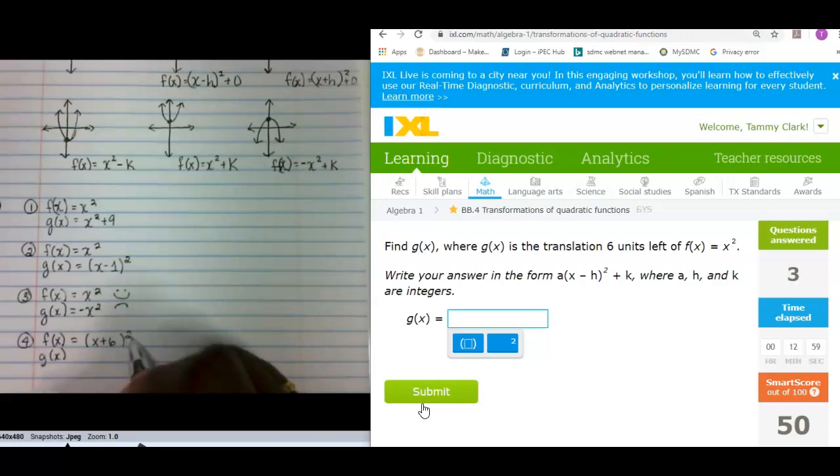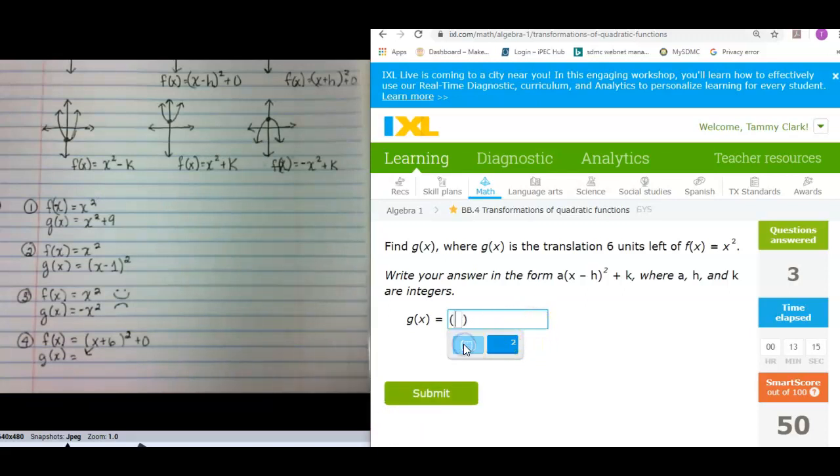It's a quadratic, so I need my square. There was no movement up or down, so I can put plus 0. I put that in the wrong spot, so this goes here. So we're going to put x plus 6, and our squared. Now you could put plus 0. It doesn't matter if you don't, because it's understood that it's plus 0.